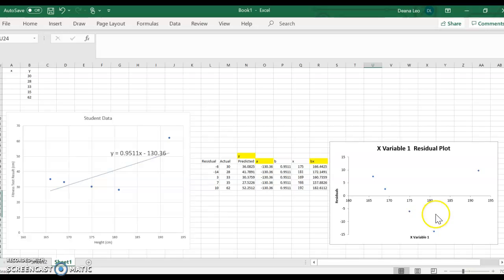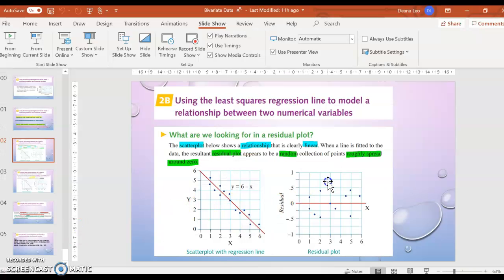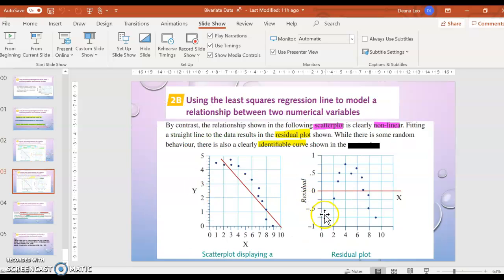Okay, we haven't got lots of dots here to deal with, but basically if you have a residual plot where the dots are nice and scattered above and below that 0 axis, it's said that your data is still linear. Whereas if you get a residual plot that looks something like this, where there's a clear system or pattern happening, it's actually classed as non-linear.